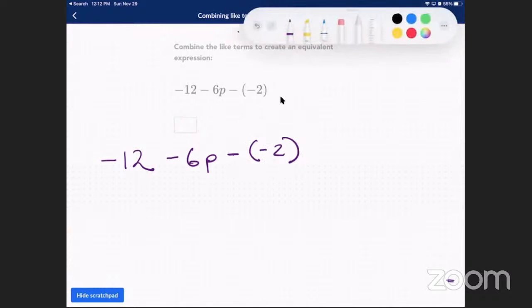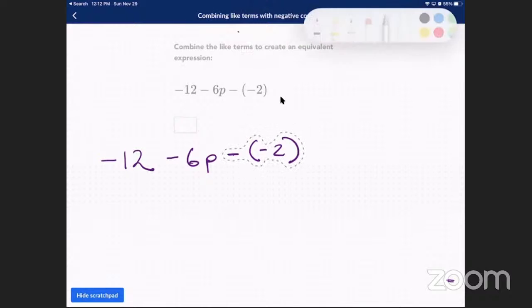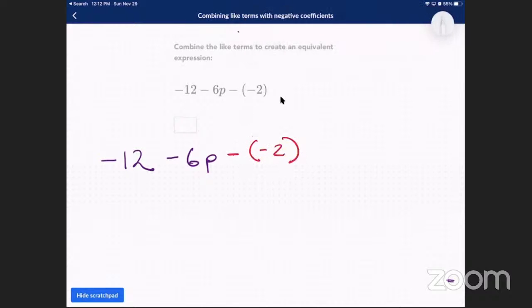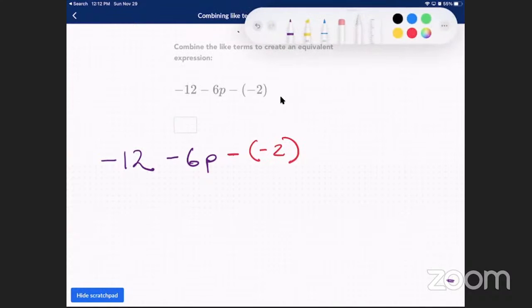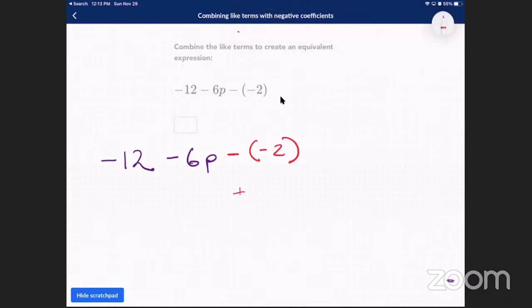So we're going to turn that into, negative times negative will be a positive 2. So we can take the 2 out of the parentheses.